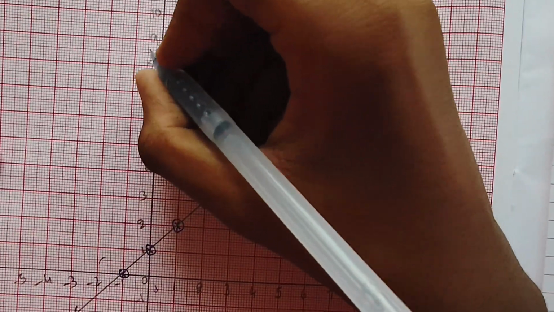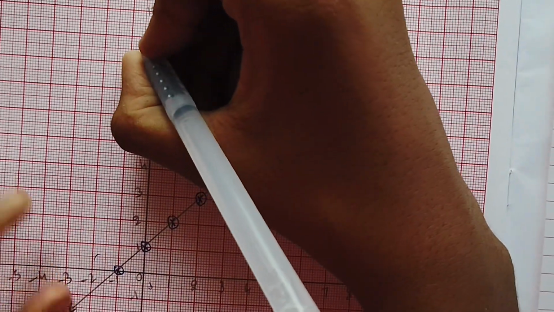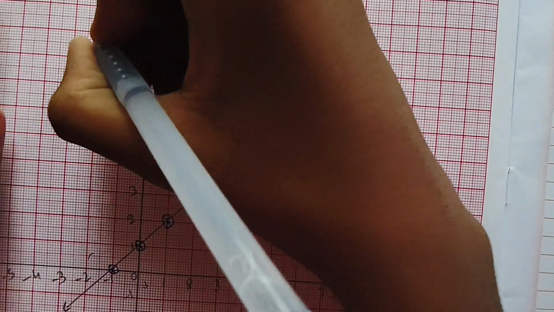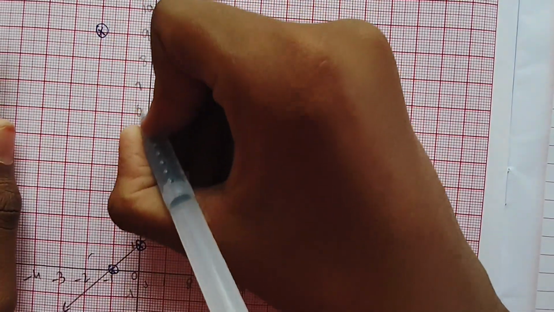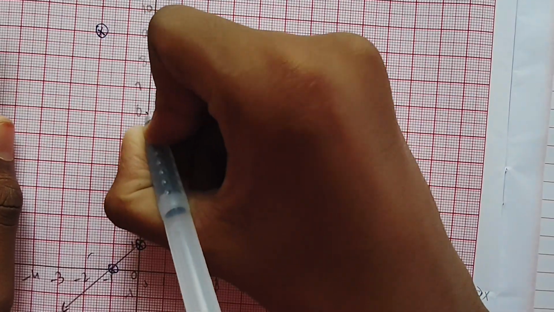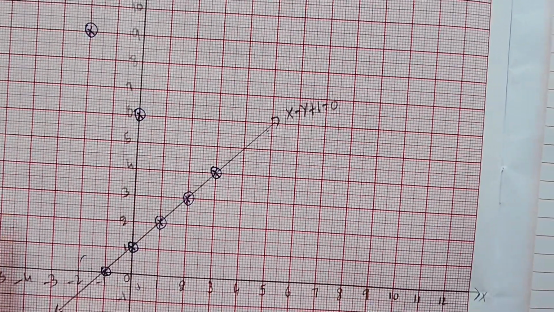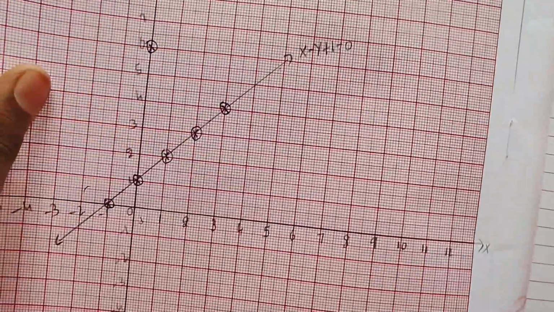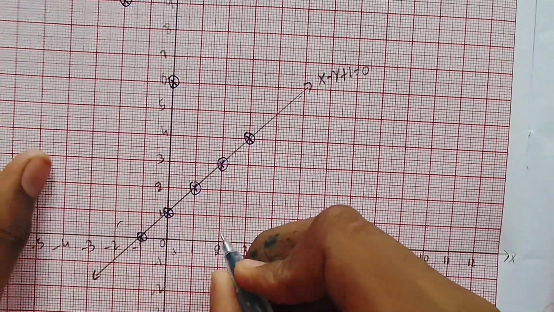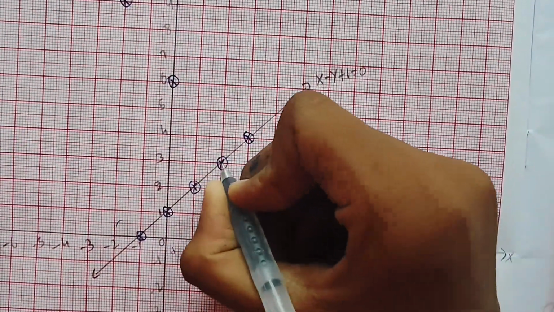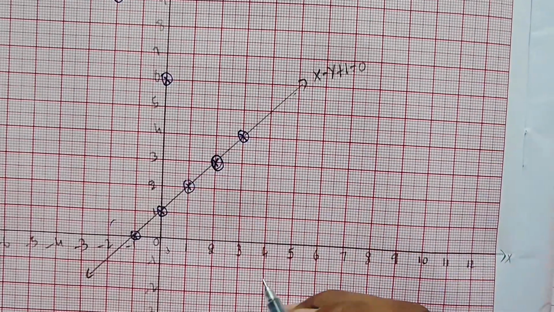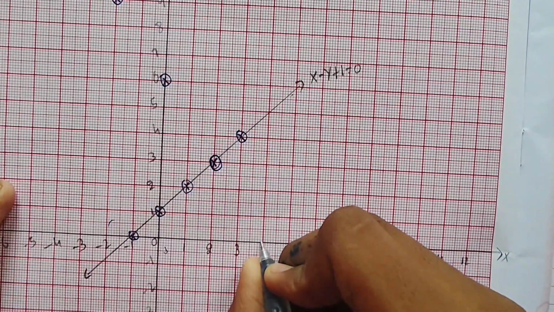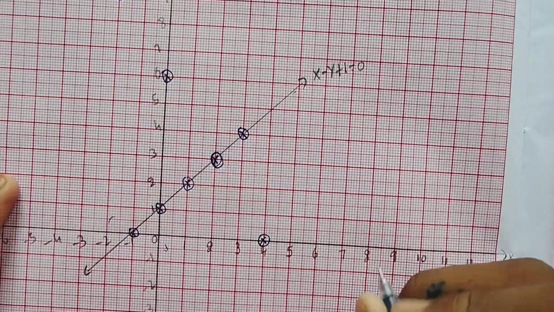So the intersecting point is here. After, 0 comma 6, the intersecting point is here. After, 2 comma 3 and 4 comma 0. The intersecting point is again 2 comma 3. 4 comma 0 means the intersecting point is here.